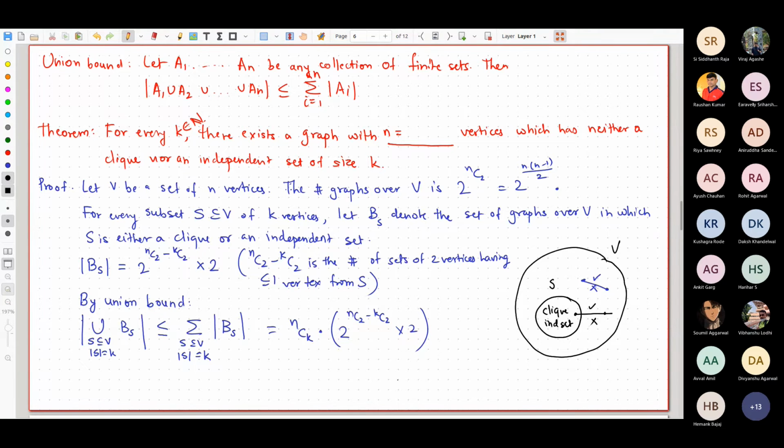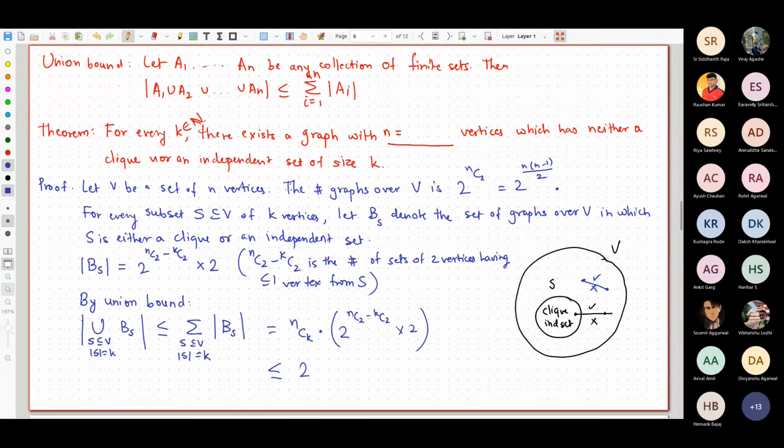Okay, awesome. And let me just upper bound this. So let me just say this is less than or equal to. Let me pull out this 2 to the n choose 2 because I somehow want to cancel out with this 2 to the n choose 2.